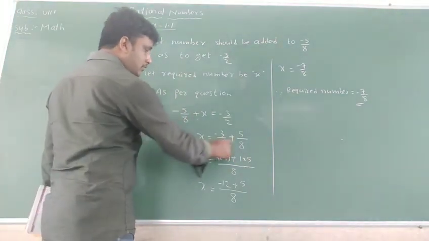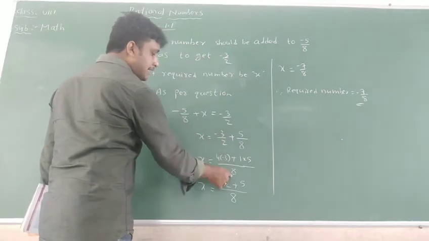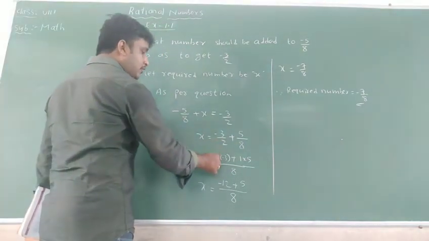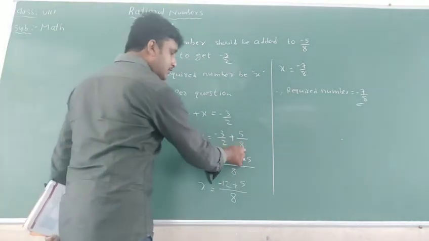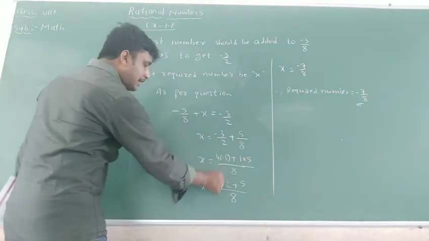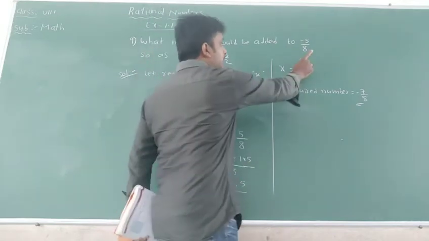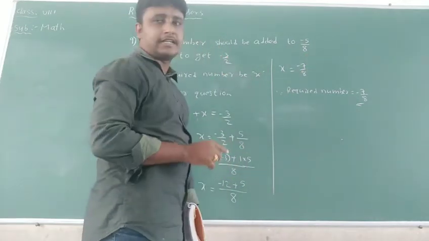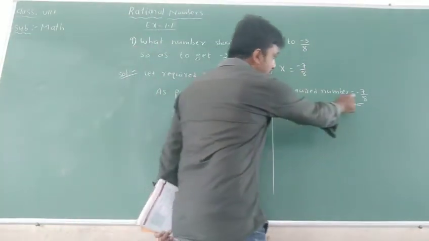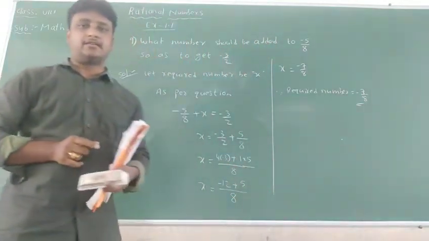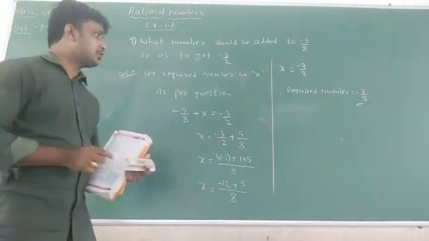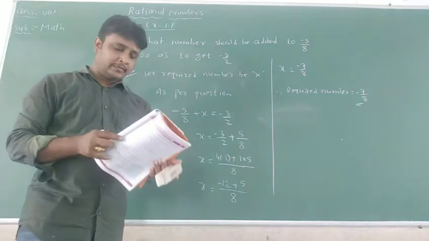Then x equal to, do the calculation, LCM of 2 and 8 is 8. Next, 8 by 2 is 4, 4 into minus 3, plus 8 by 8 is 1, 1 into 5. Next, minus 12 plus 5 by 8 is minus 7 by 8. And here there is no further calculation, so that is the required number. So the required number is minus 7 by 8. Okay, you have to solve questions of this type like this.